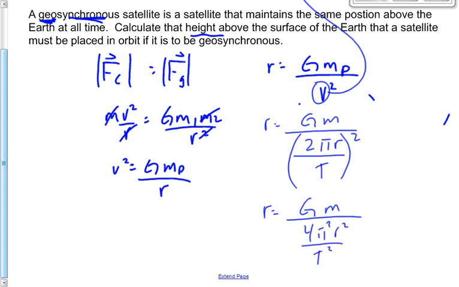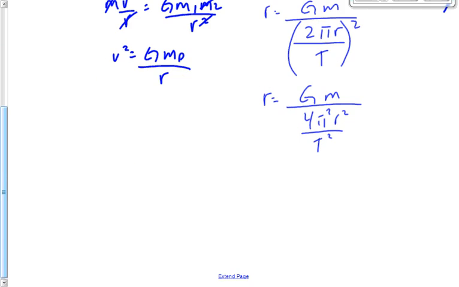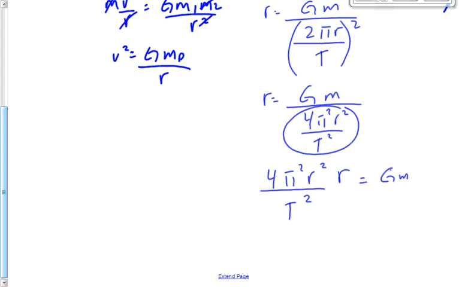Now what I'm going to do is take this entire term up by multiplying. It becomes 4 pi squared times r squared times r over T squared. R squared times r is r cubed. 4 pi squared r cubed over T squared equals GM.